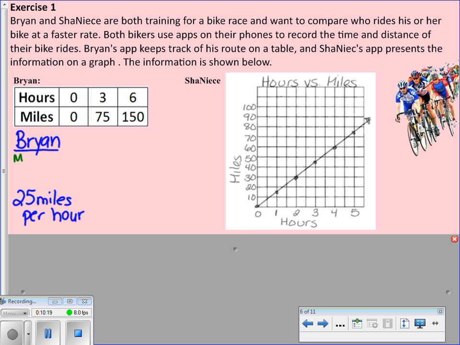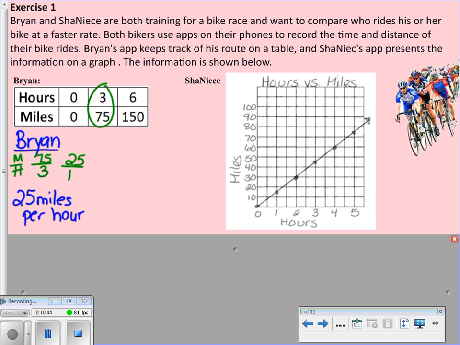So if we're looking at miles per hour, he does 75 miles in 3 hours, and that reduces to 25 miles per hour. So we took our ratio, and it's okay that I flip-flopped it because I did miles per hour, so it looked like a unit rate.